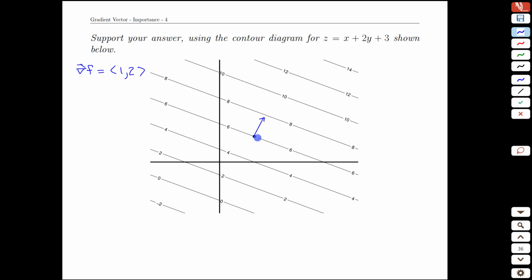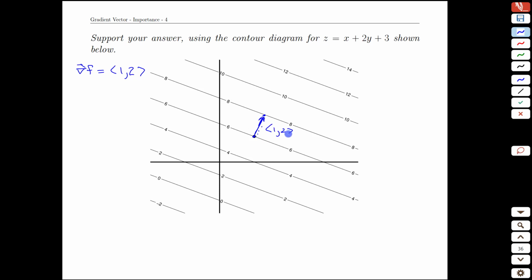Then if you asked, what direction should I travel in to go uphill the fastest? Or more explicitly, with the steepest slope. I know that all of these directions here are uphill, but if I want to go uphill with the steepest slope, I want to get to the next contour. I'm at height 6, I'd like to get to the next highest contour, height 8, as quickly as possible. Well, that is going to be this direction here, which was that vector (1, 2).